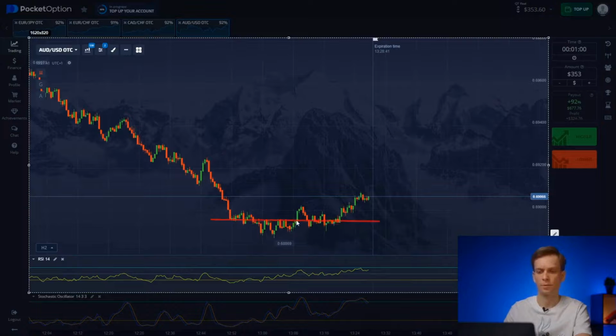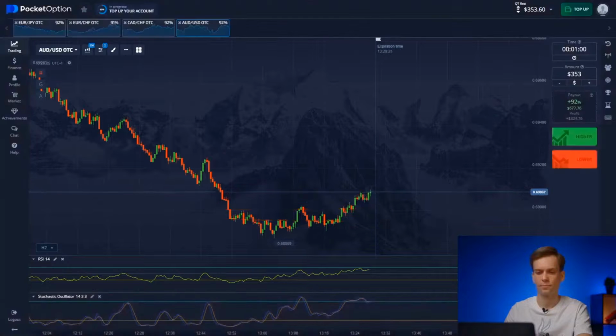It used to resist the price, now it supports it. Because initially the price bounced between this level and the lower level, but now it's going to fluctuate between this and the top one. Alright, back to trading, let's hit lower.